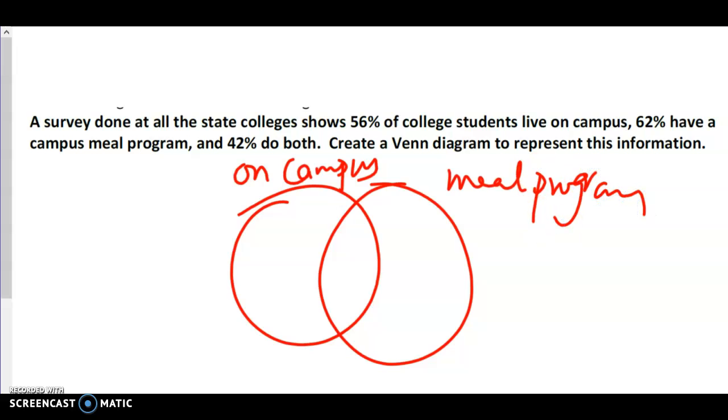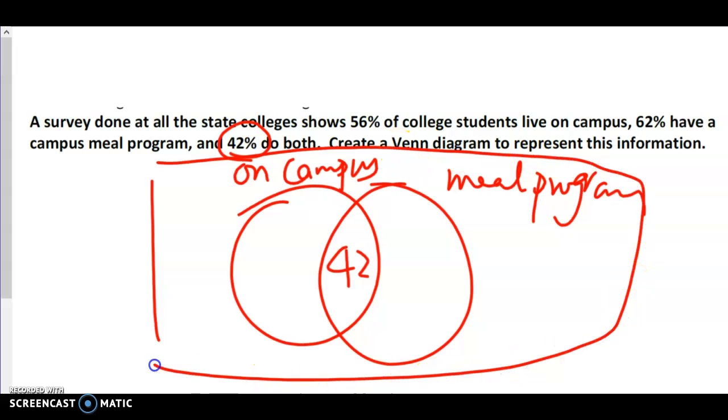For this Venn diagram question, the strategy is usually to start from the middle, which is the overlap part, which is both. As we see, 42 do both, so 42 is here. The big universal set here will be the total. For this question, the total will be 100%.